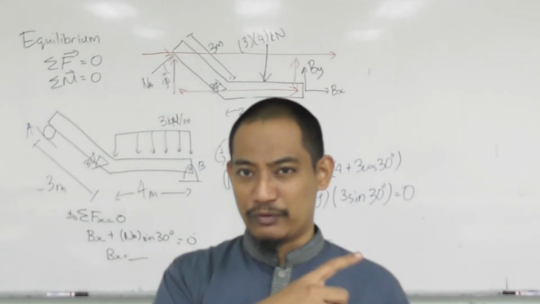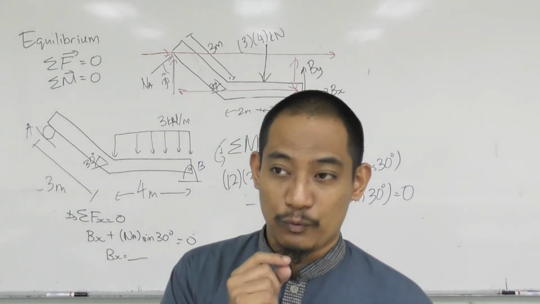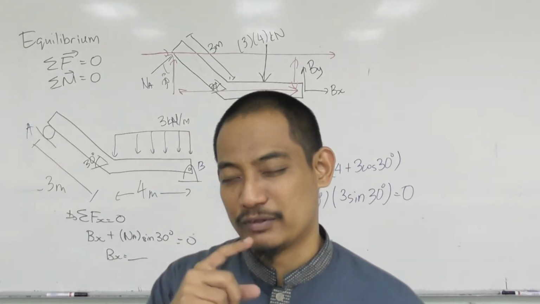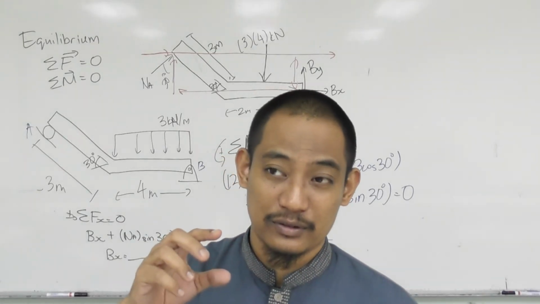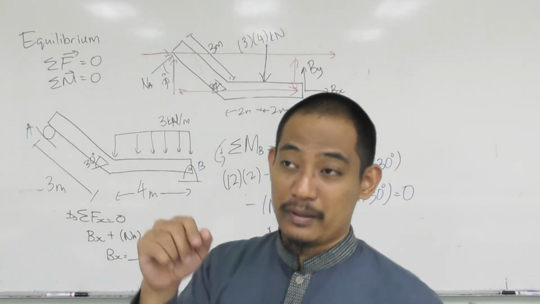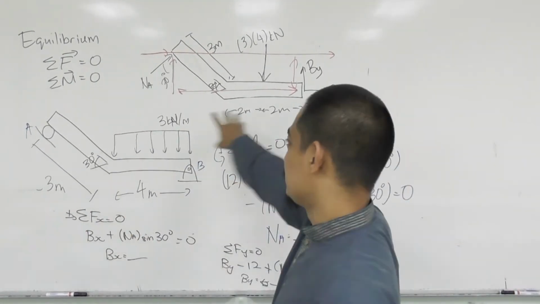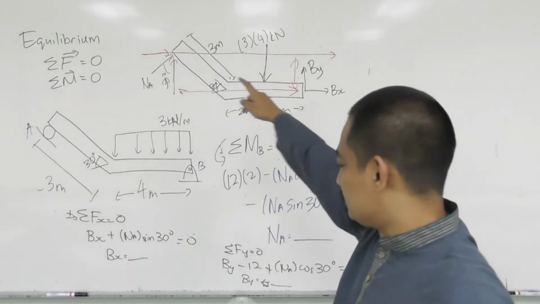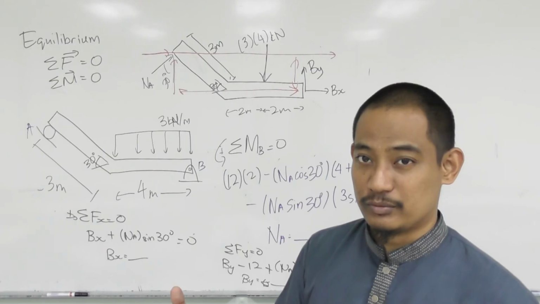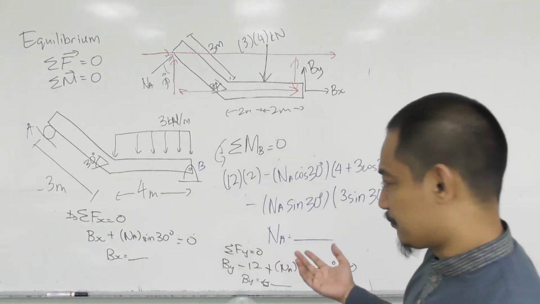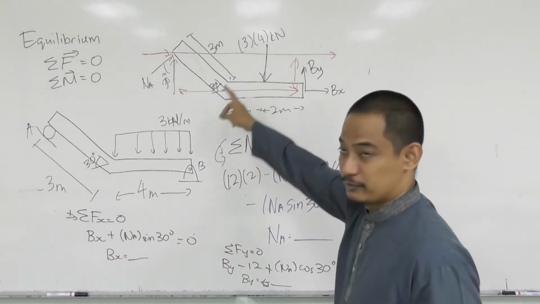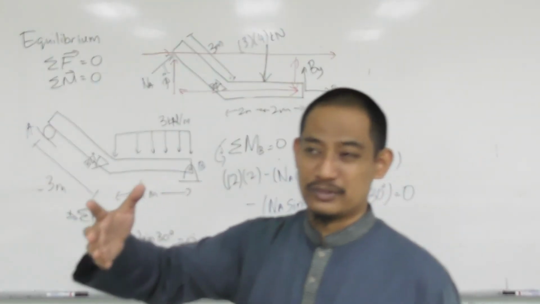Because if you understand what you have covered in the first class, whatever type of support, you already know how to draw the free body diagram of its support reaction, right? And if you already have the free body diagram settled, the equation of equilibrium is just a normal equation of equilibrium, just summation of Fx, summation of Fy, and summation of moment. You just apply to all of the forces and moments that you have, right? So there's nothing new there.